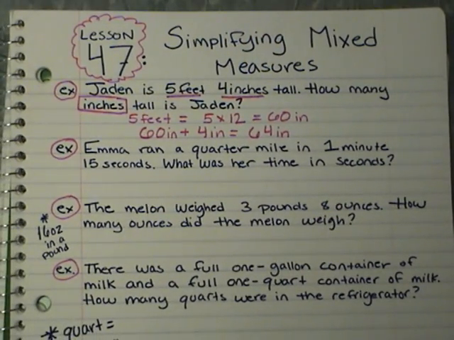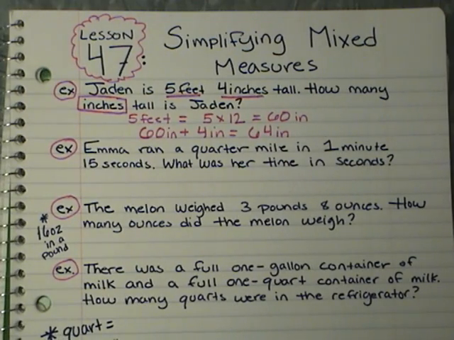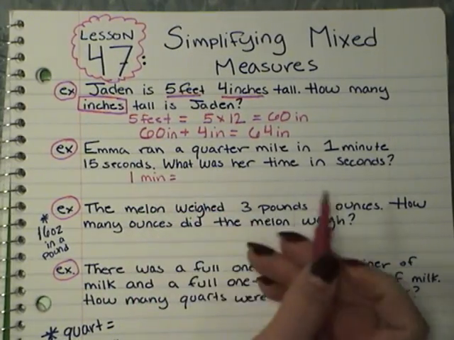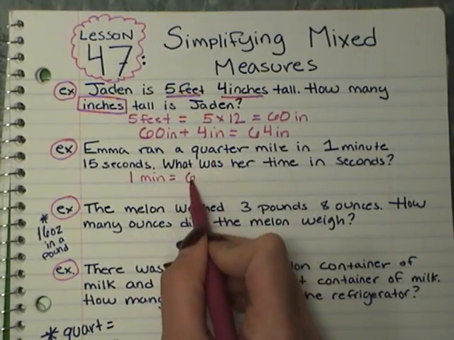Alright, let's try the second one. It says, Emma ran a quarter mile in 1 minute 15 seconds. What was her time in seconds? Again, we're going to take a minute and 15 seconds and change it all into seconds. You know 1 minute is how many seconds? Hopefully, quickly, you would get 60 seconds.